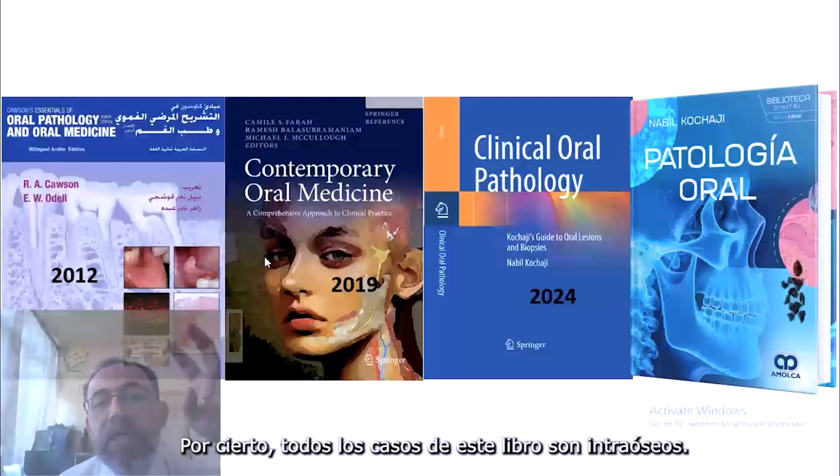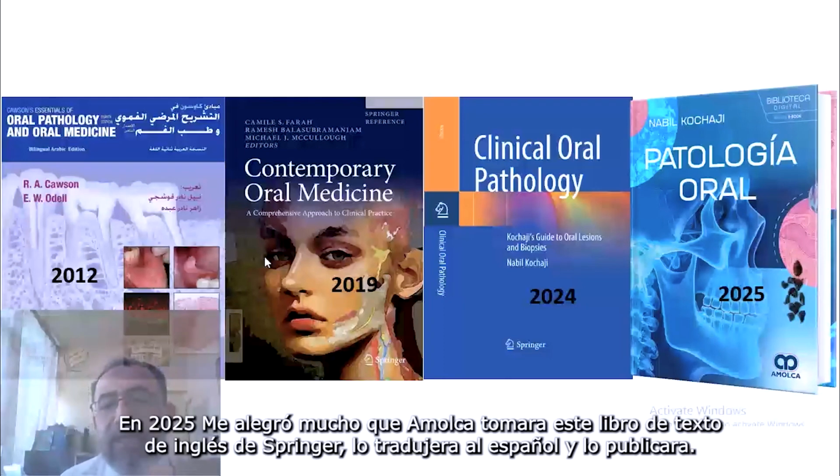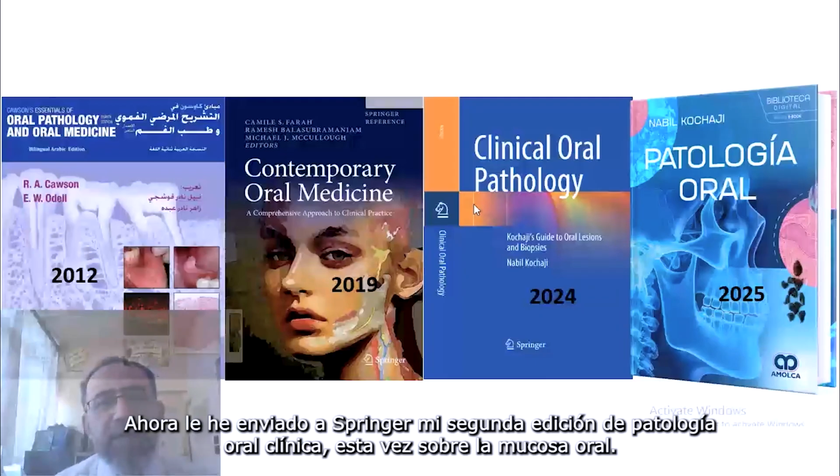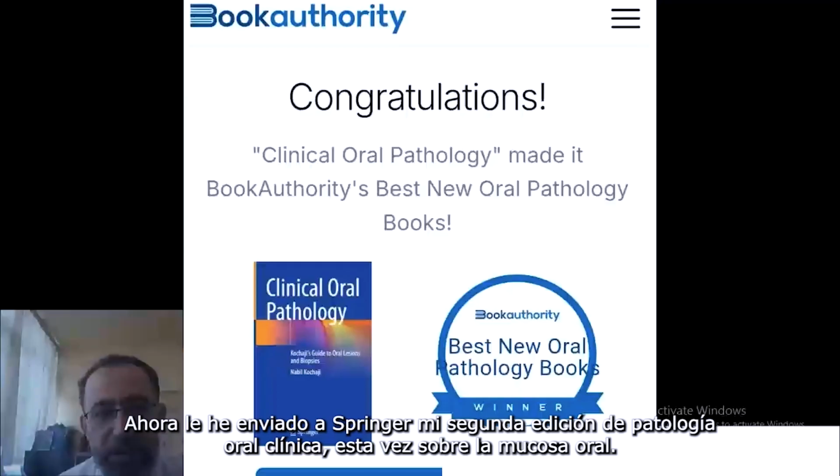By the way, all of the cases in this book are intraosseous. In 2025, I was very pleased that Amolka took this English textbook from Springer and translated into Spanish and published it. Now I sent Springer my 2nd edition of Clinical Oral Pathology, this time to oral mucosa.